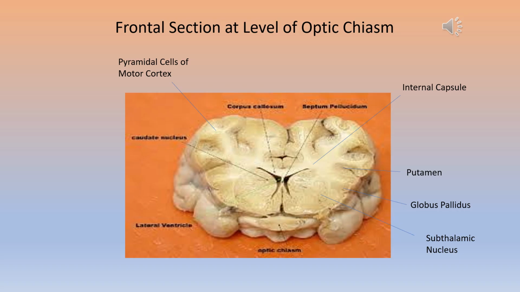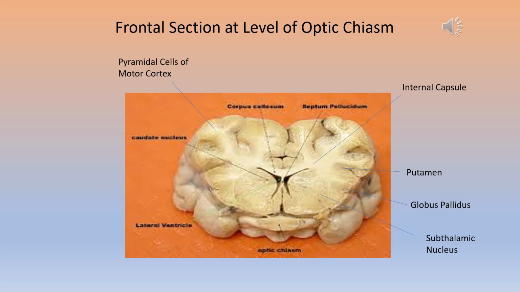Since it is a frontal section, we have a left and right part. Notice that the corpus callosum connects the right hemisphere to the left hemisphere. Notice that we have the left and right lateral ventricles just under the corpus callosum.